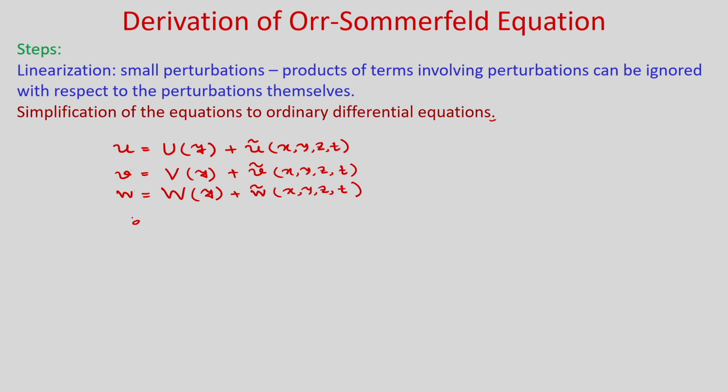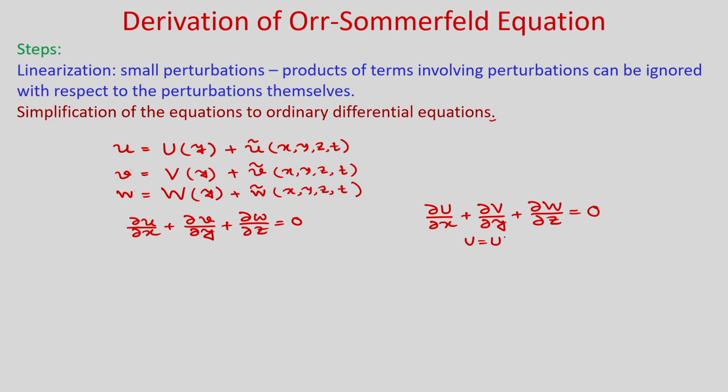Our continuity equation is del u by del x plus del v by del y plus del w by del z is equal to 0. Similarly, the base flow U, V, W also will satisfy the continuity equation. So, we can write del U by del x plus del V by del y plus del W by del z is equal to 0, but U is a function of y only, right.